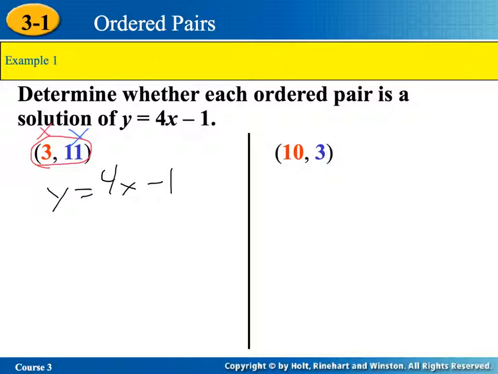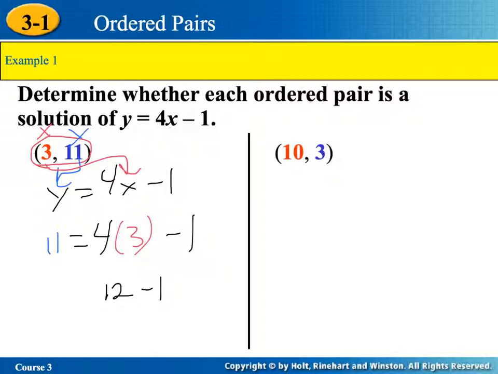So you plug in 11 for y and 3 for x, and you see if it's true. Is 11 equal to 4 times 3 minus 1? Well, 4 times 3 is 12, minus 1 is 11. 11 equals 11. Yes, our answer is yes, and I'm done. I checked to see if it's true.